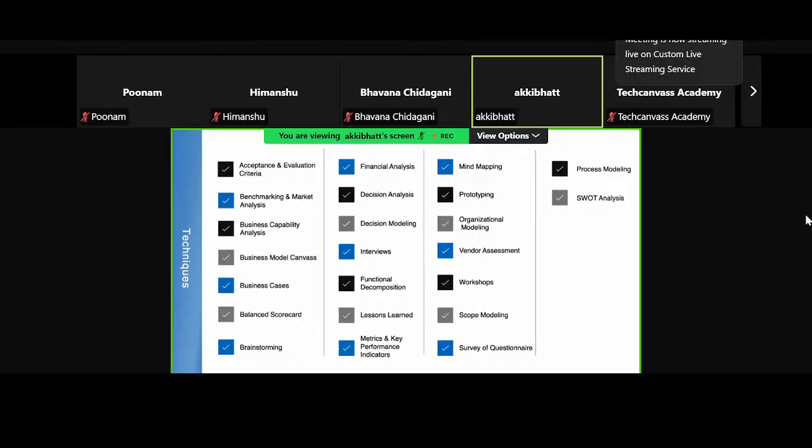So understanding these risks early on is very, very critical, because it will allow you as well as the organization to make informed decisions.